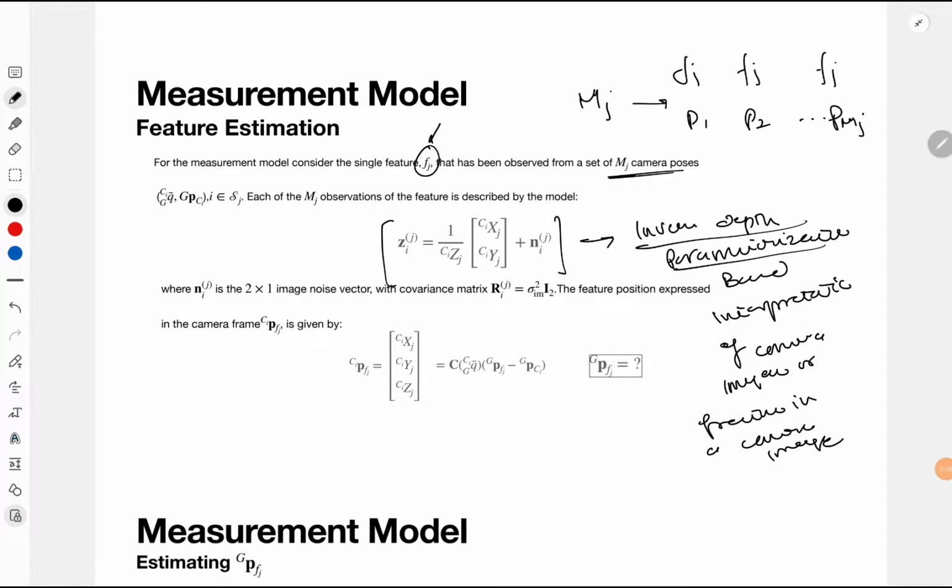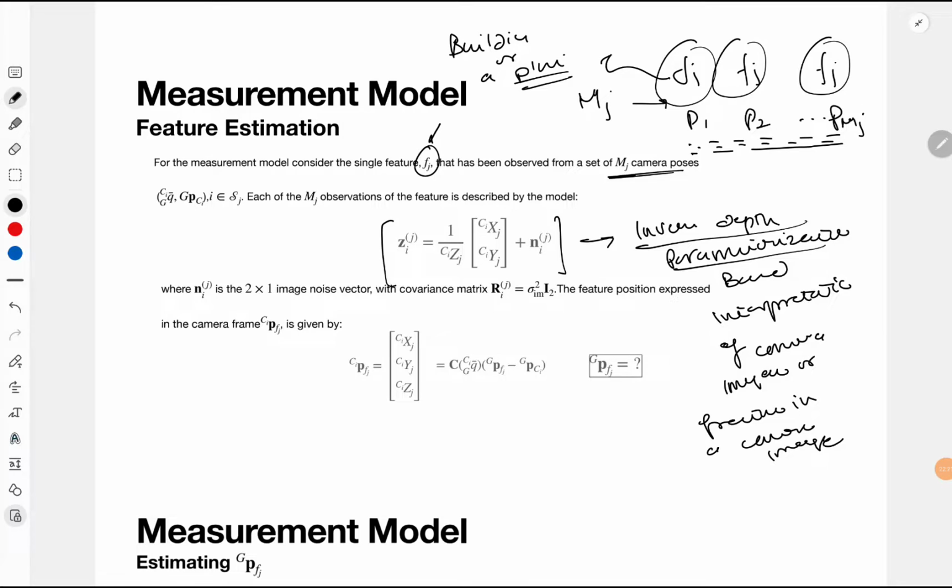Now feature j itself could be like a building or a plant, and it has been observed in mj camera poses, and these mj camera poses are consecutive, meaning each one comes after the other, and there is no break in between where feature fj was not observed.